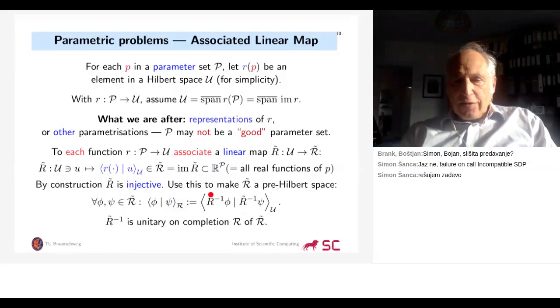I take the same inner product and transport it there. So the inner product from U is transported onto the space R tilde. We call this with a little index R here. And it turns out this R is unitary on the completion. So whether I look at this or this doesn't matter.